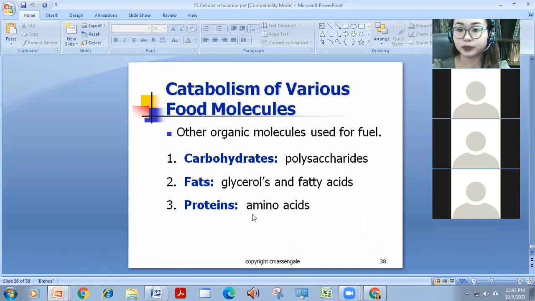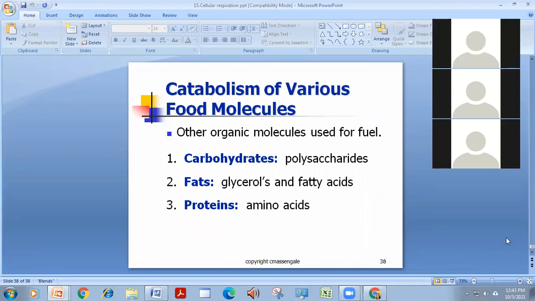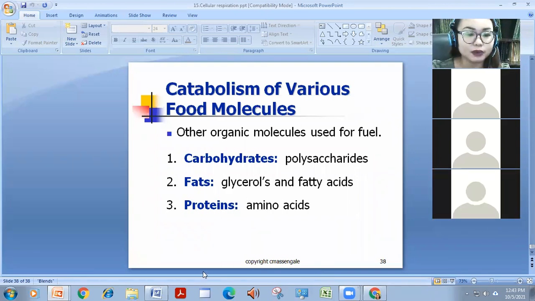So again, between eukaryotes and prokaryotes, who produces more ATP in terms of cellular respiration? Anyone? Yes, J-Cell.